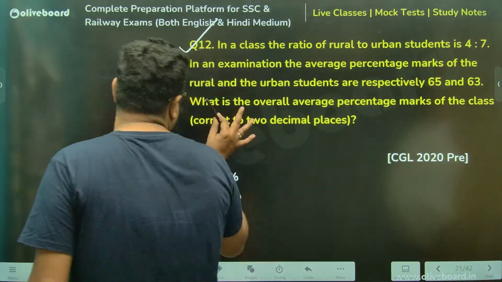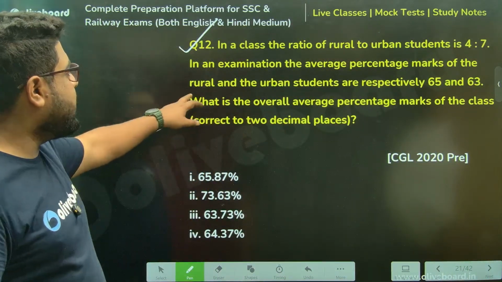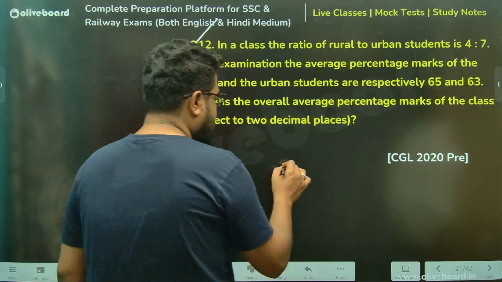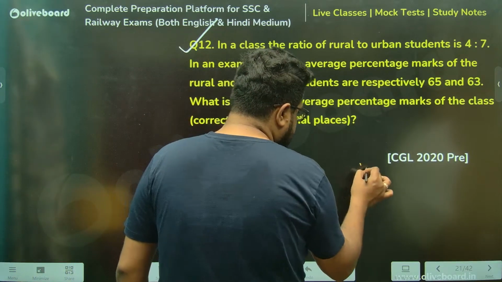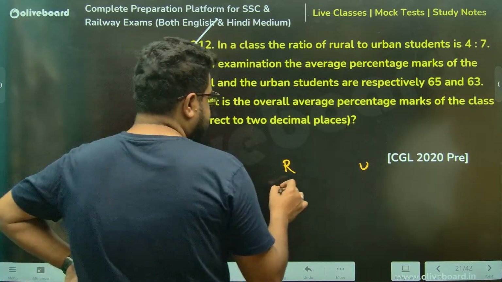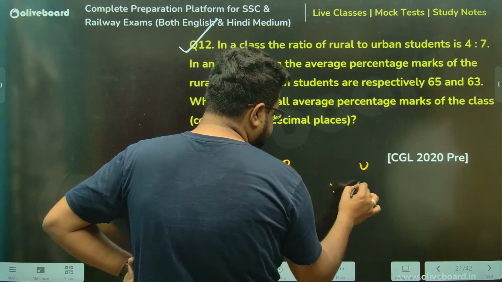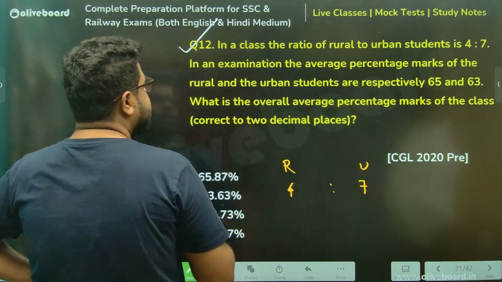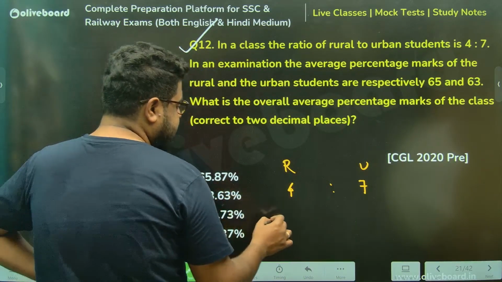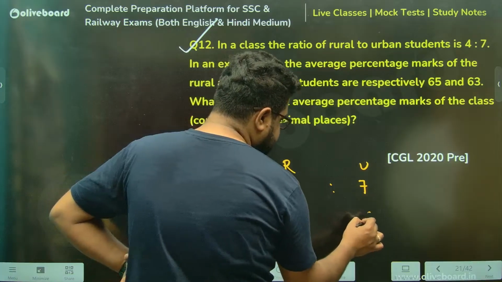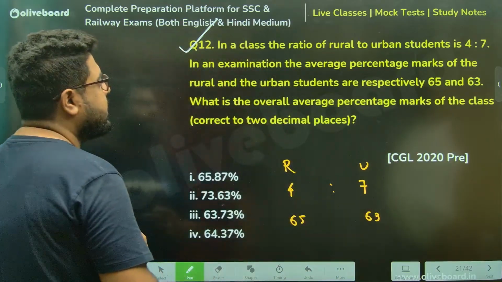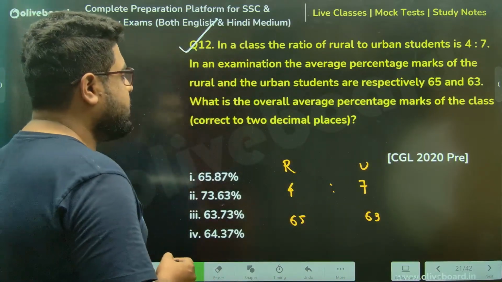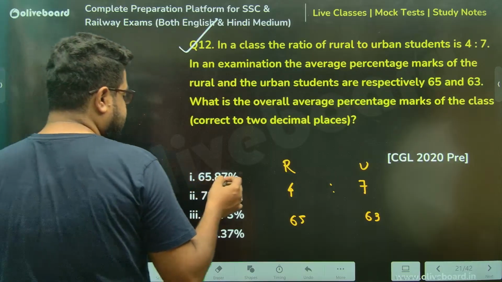So there, boys and girls, the two variables are rural and urban students. The ratio is 4:7. Rural is 65 and urban is 63. This is the 65 average, this is the 63 average. Sir, what will the overall percentage be?